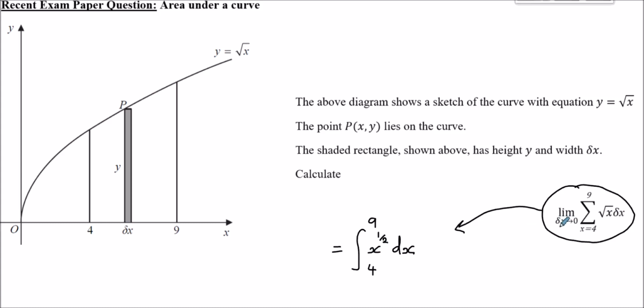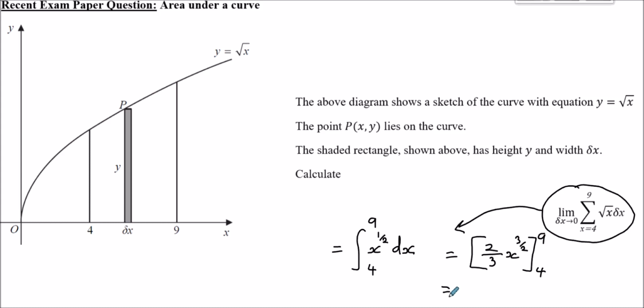So in the limit as delta x goes towards 0, it becomes a calculus question, becomes an integral. So now you know that, it's dead easy. We take the power up, so a half becomes 3 over 2, and we divide by the new power. Dividing by 3 over 2 is the same as multiplying by 2 over 3. So it becomes 2/3 x to the 3 over 2 between these limits of 9 and 4.